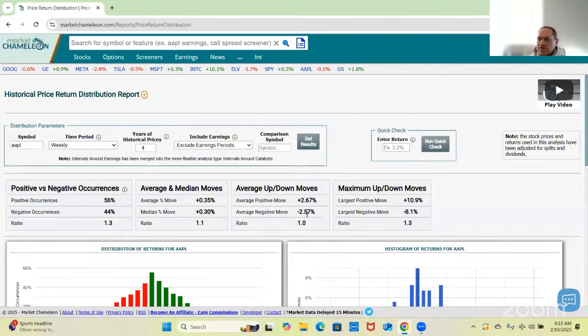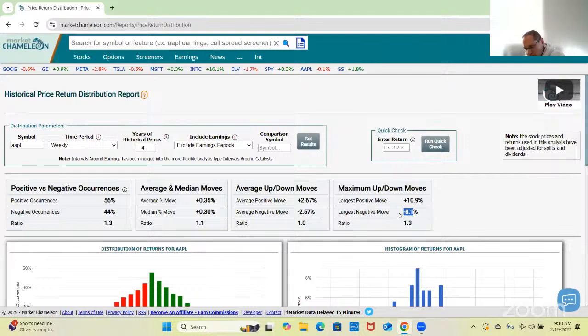When we're looking at options, there's a skew in the tails. Is the tail to the upside? Let's say an extreme move in Apple might be what we could see here, 10%. So in 1 week, the largest move to the upside was 10.9%. The largest move to the downside was 8.1% in our observations.